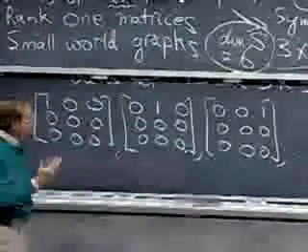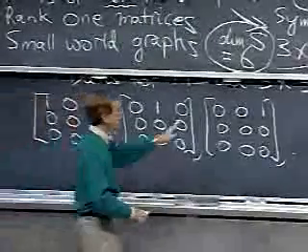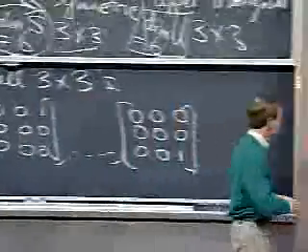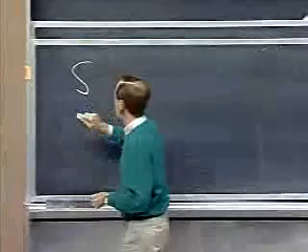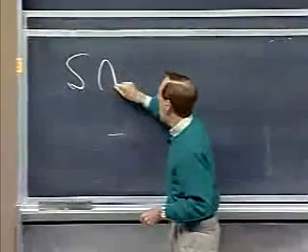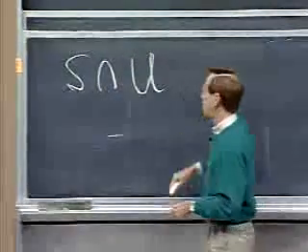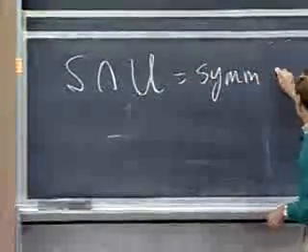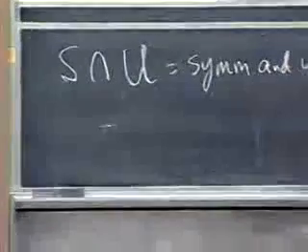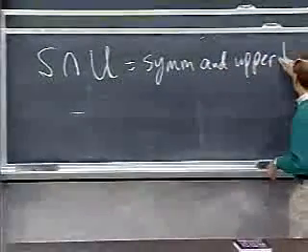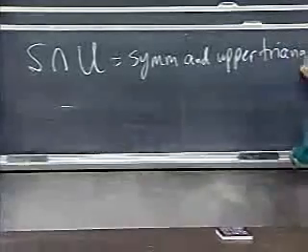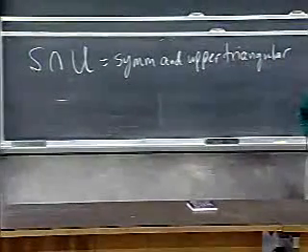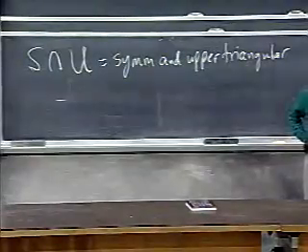And then how do I get other subspaces? Well, we spoke before about the subspace of symmetric matrices, and the upper triangular. This is symmetric and upper triangular. What's the dimension of that space?